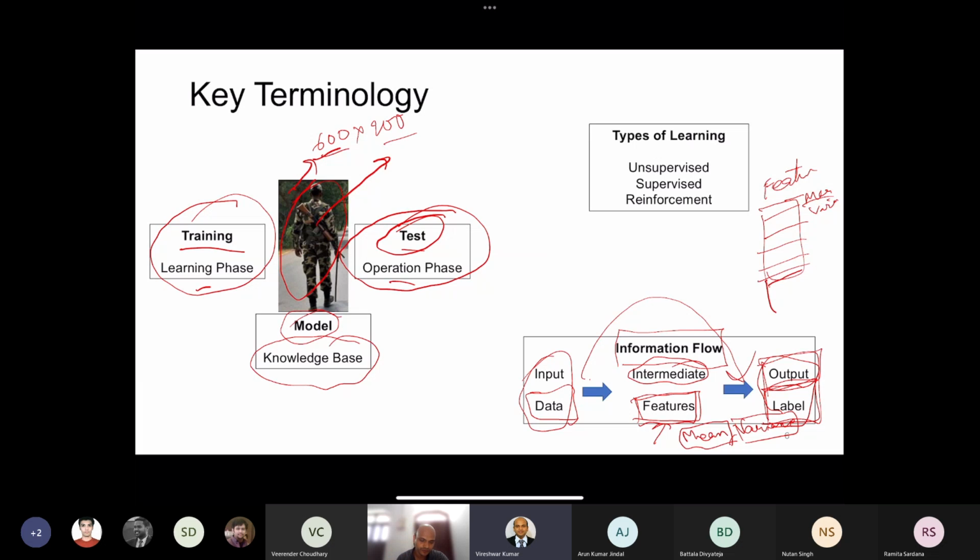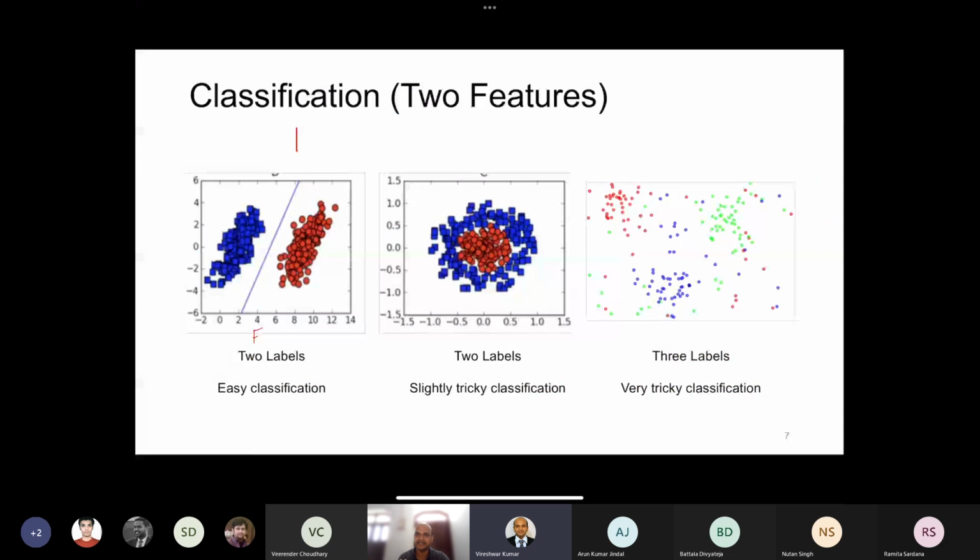Okay, so I talked about two features, mean and variance. There could be many other features, but let's say that you utilized feature one and feature two, with the value of feature one varying from, let's say in this case, -2 to probably 14, and the value of feature 2 varying from probably -4 to 4.